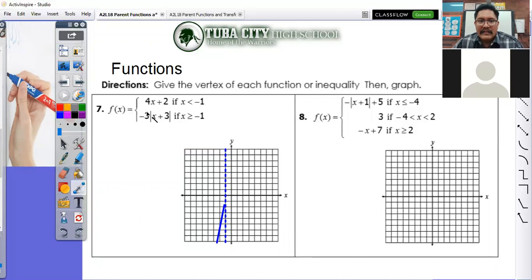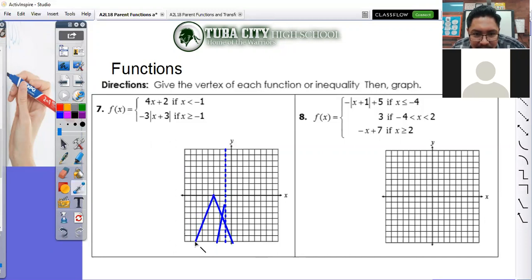Now for this side, it's for x values greater than -1. So that means on this side of that line. So go to the vertex, which in this case is -3, 0. So back 3, down 0. So our vertex would be right here. So we'd have a line down 3 over 1, down 3 over 1, would look something like that.